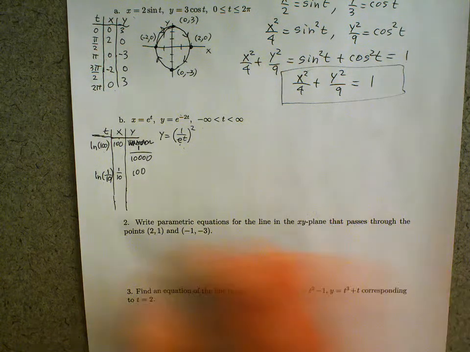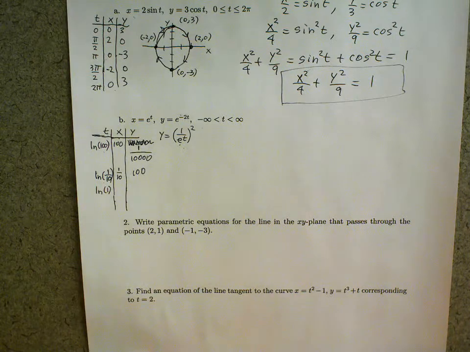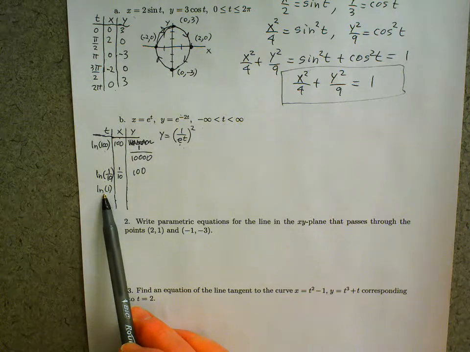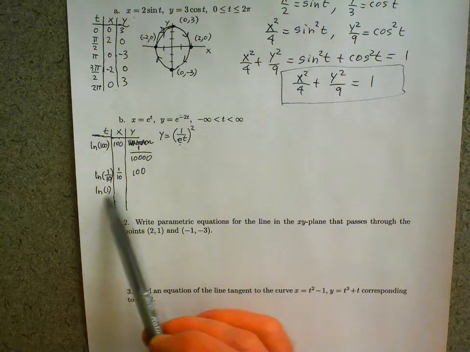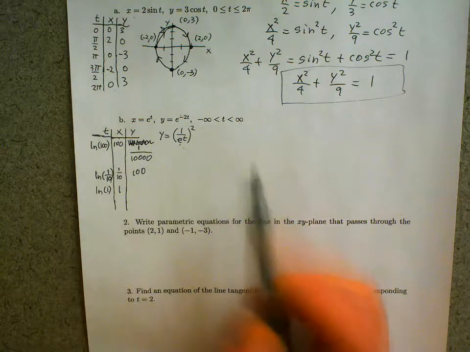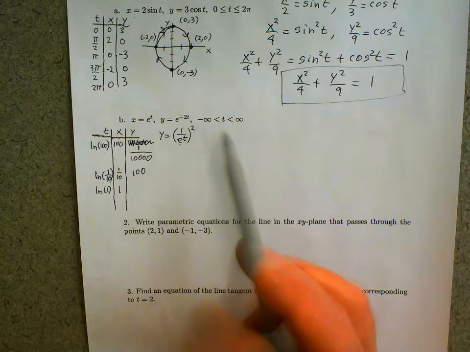Okay, maybe just a couple more. Pick the natural log of 1. So in other words, when t is 0, e to the 0 is 1, and 1 over e to the 0 squared is 1.